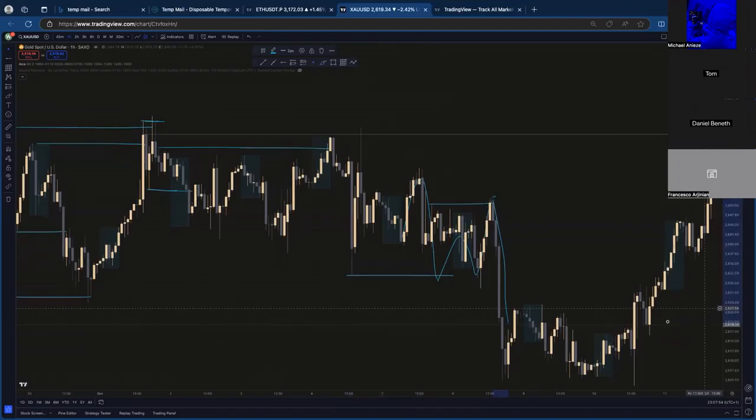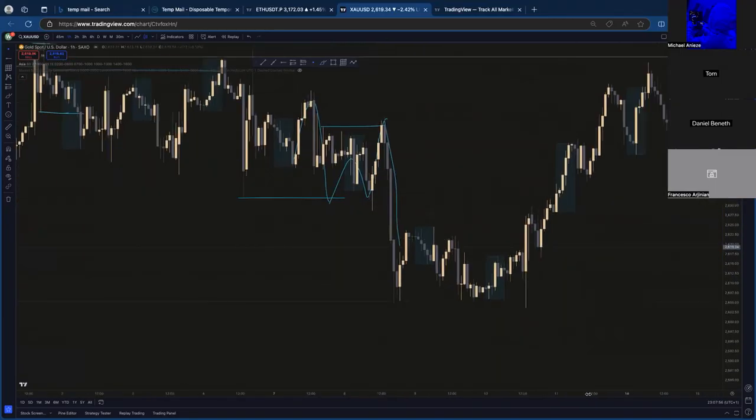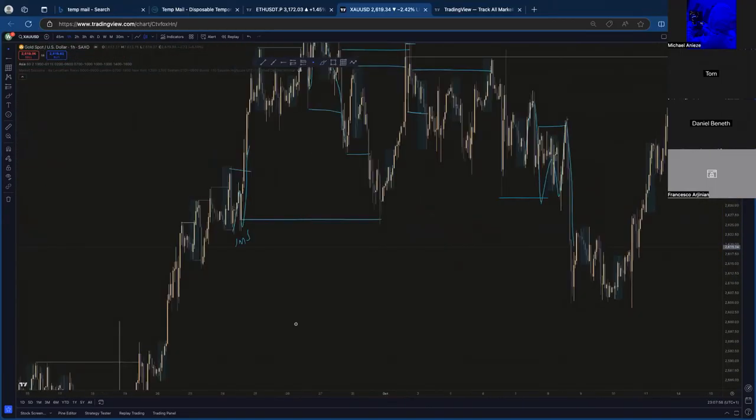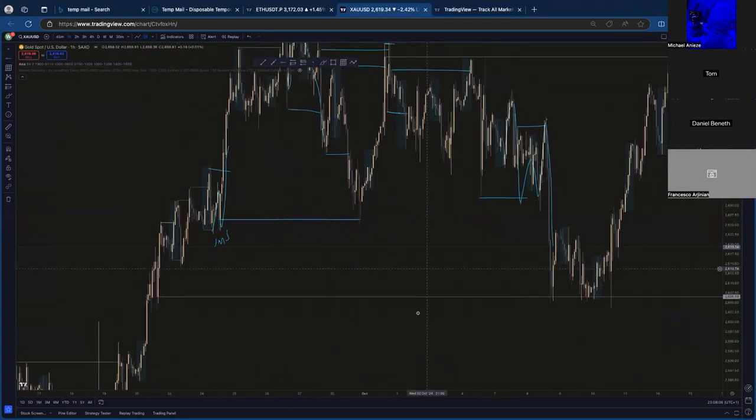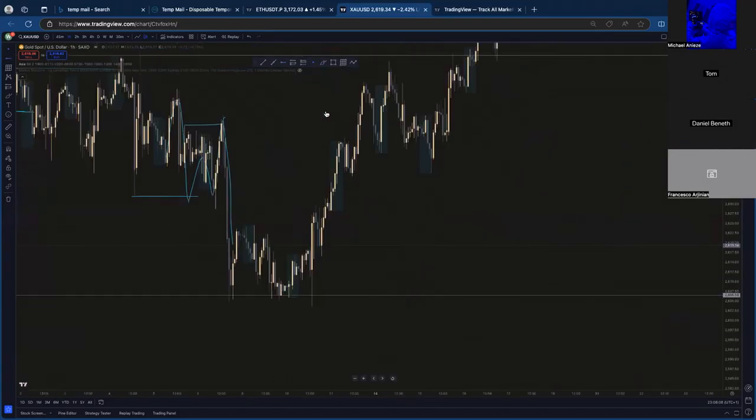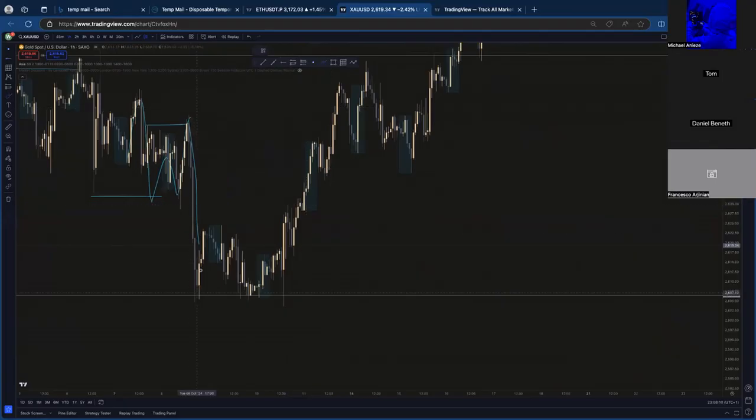So after breaking structure, what did price do? Price tapped into somewhere here and created a low, created a high, created a low.